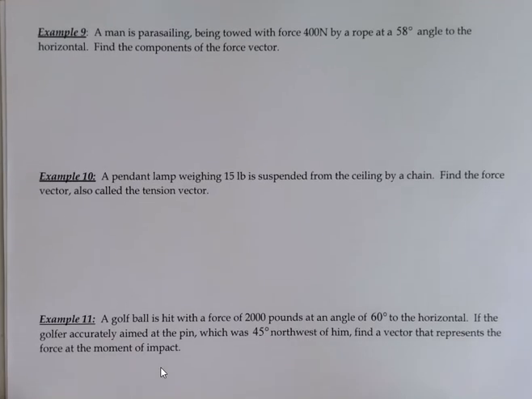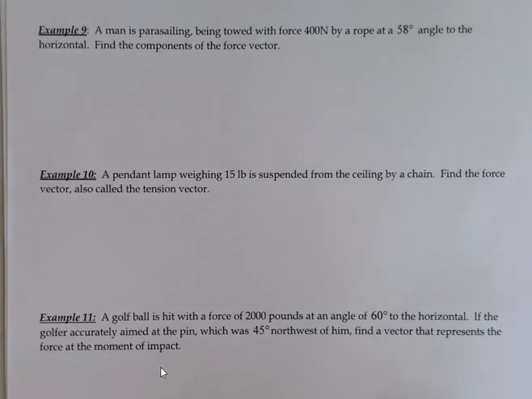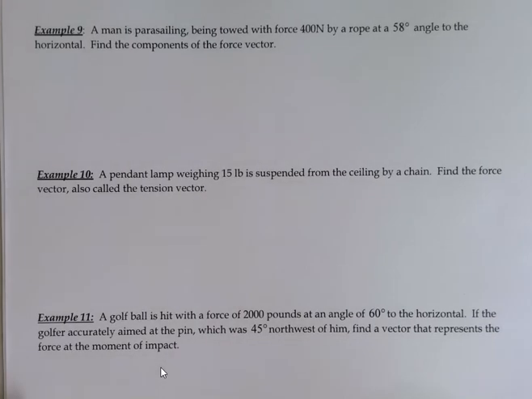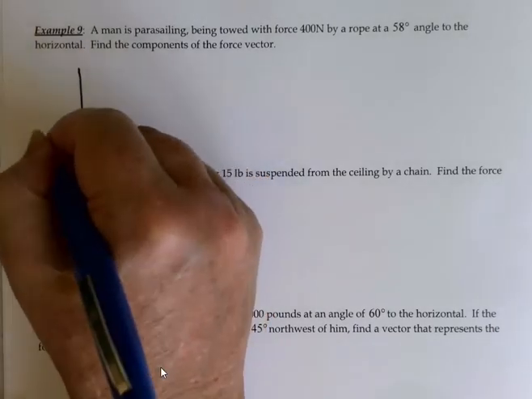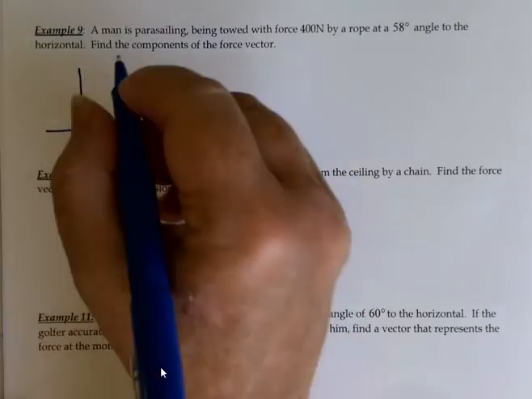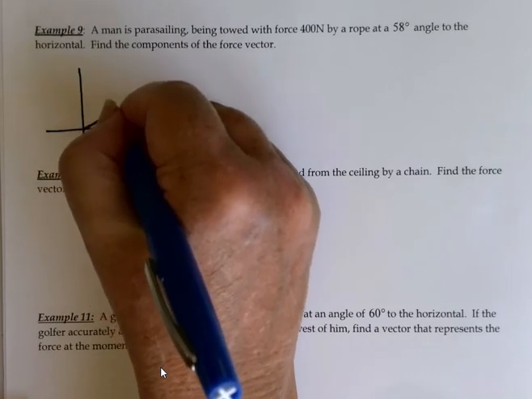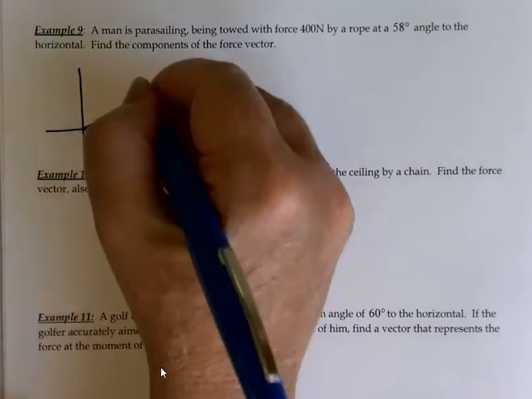In example 9, a man is parasailing, being towed with force 400 newtons by a rope at a 58-degree angle to the horizontal. Find the components of the force vector. All right, well, I'm going to assume this guy is here in the first quadrant.